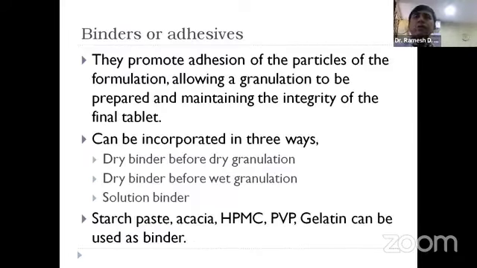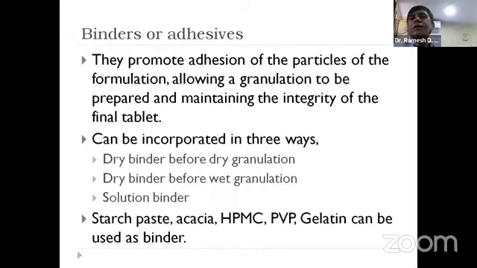With dry binder before wet granulation, we mix the binder in the dry form, and then we sprinkle the granulating agent to activate that binder and carry out the granulation. And last is solution binder, where we dissolve the binder in a granulating agent and use that solution as the granulating agent.